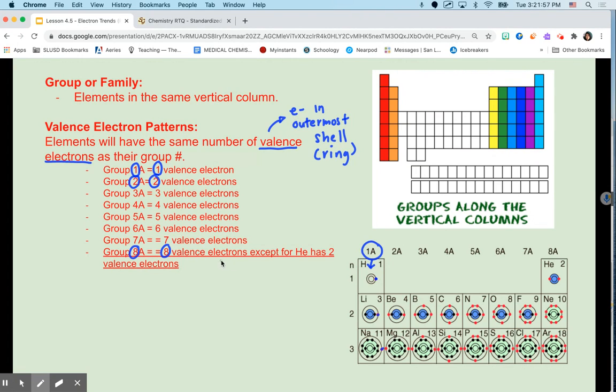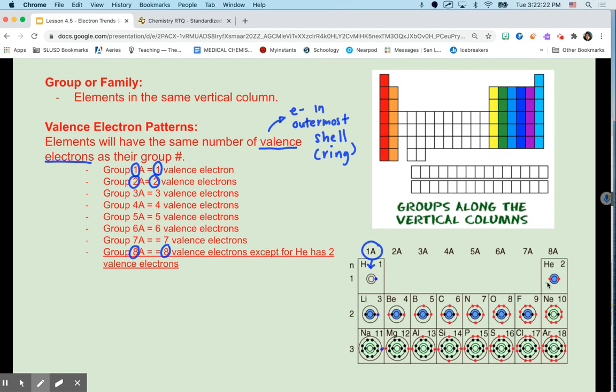So in group 8A, most of the elements have 8 valence electrons except for helium. So helium here, notice that helium is the only one that doesn't have 8 valence electrons. It only has 2 because it only fills up the first ring.